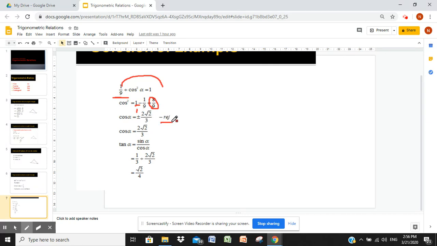We reject the minus because the angle is acute and the value of the cosine is between 0 and 1. So this is the cosine of alpha. The tangent is sine over cosine, so we divide, we rationalize, and this is our answer.